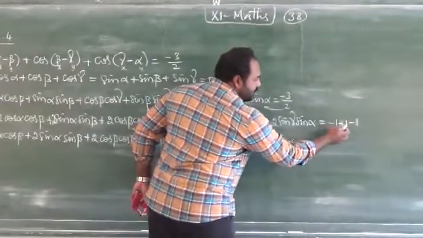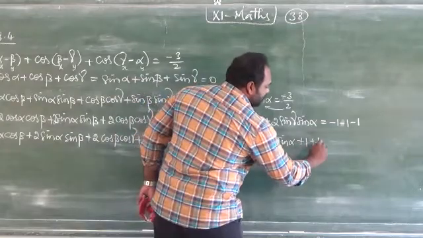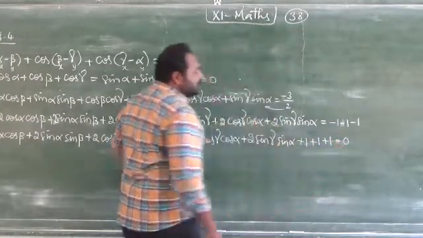I am taking all these minus 1 to this side. Automatically it will be plus 1 plus 1 plus 1 equal to 0.